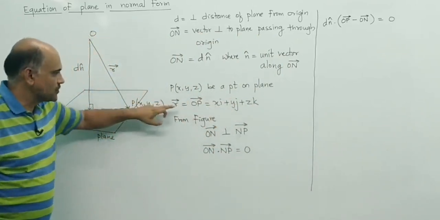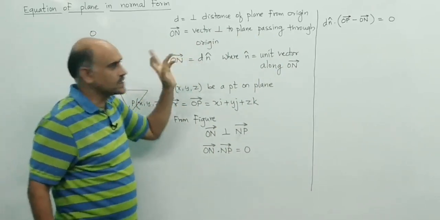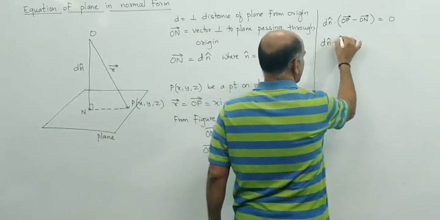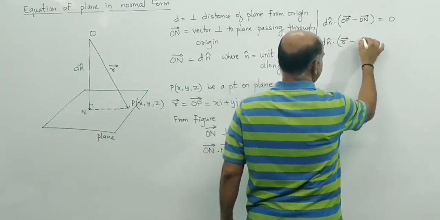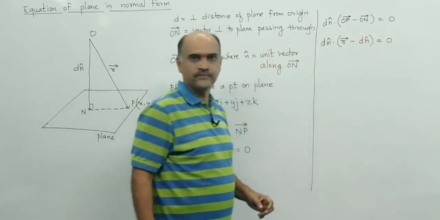Now substitute: OP is R, ON is D into n cap. So D n cap dot (R minus D n cap) is equal to 0.